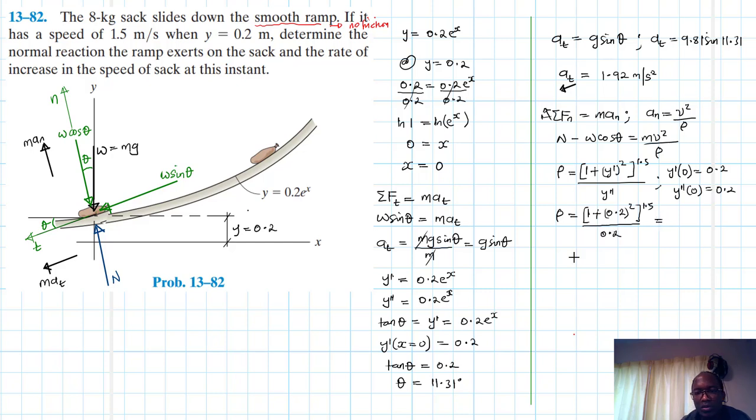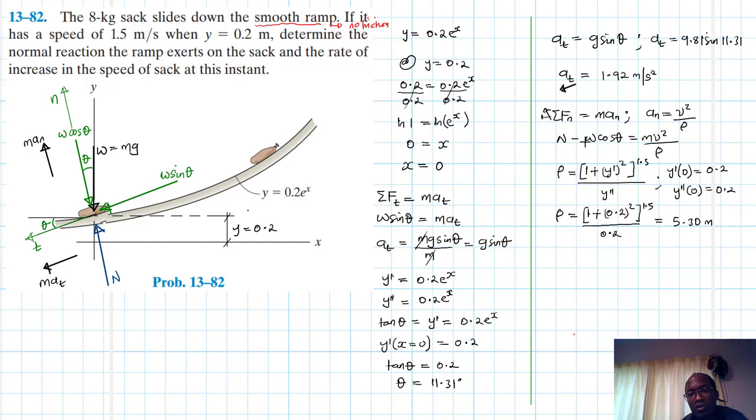That's 1.2 squared to the power 1.5 divided by 0.2. So this gives us 5.30 meters.